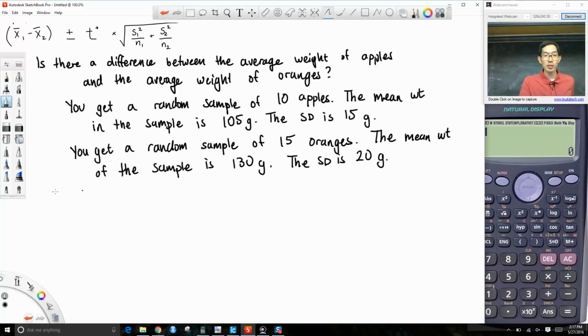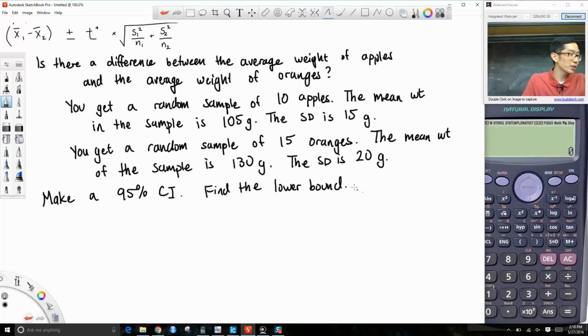Okay, so we'll say make a 95% confidence interval and find the lower bound. We'll make this a clicker question. I've got to figure out some numbers myself. So give me a second here.